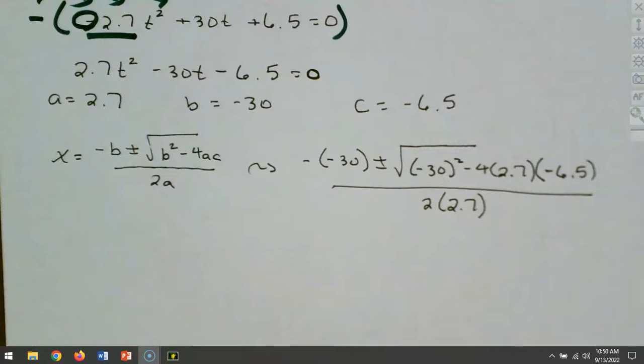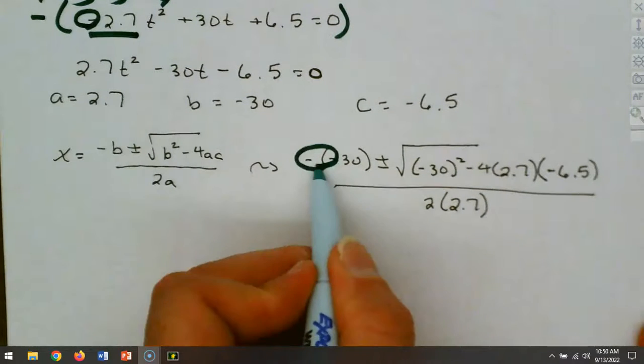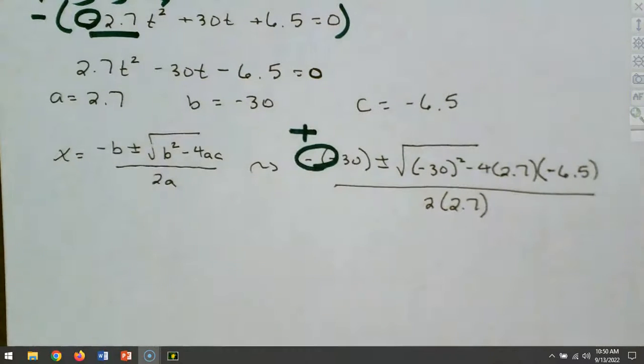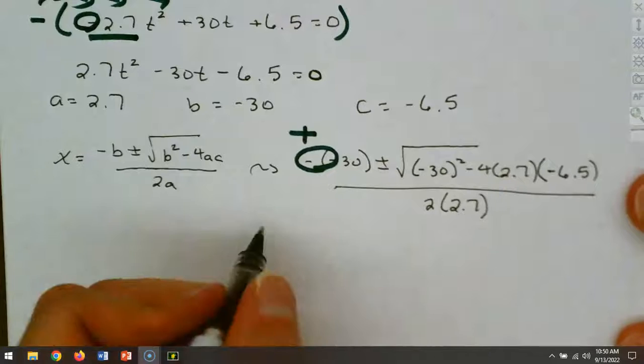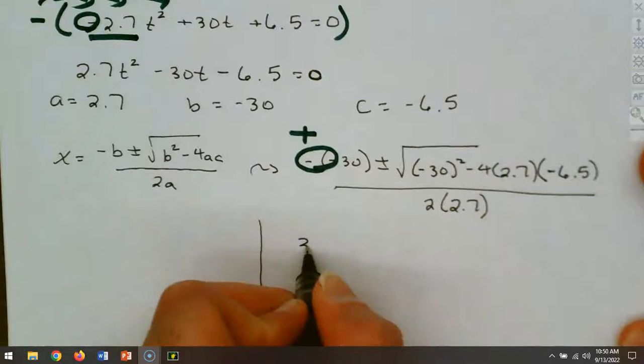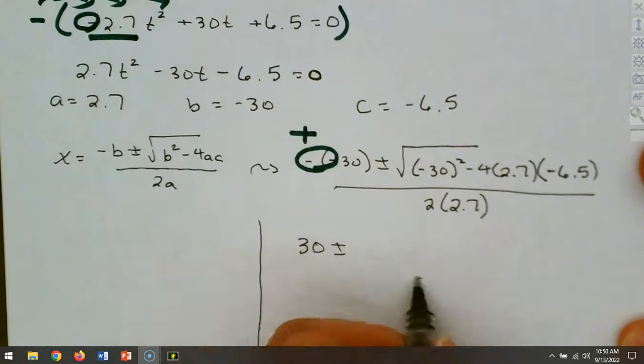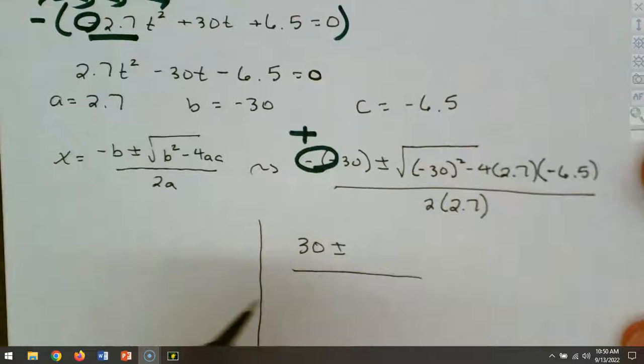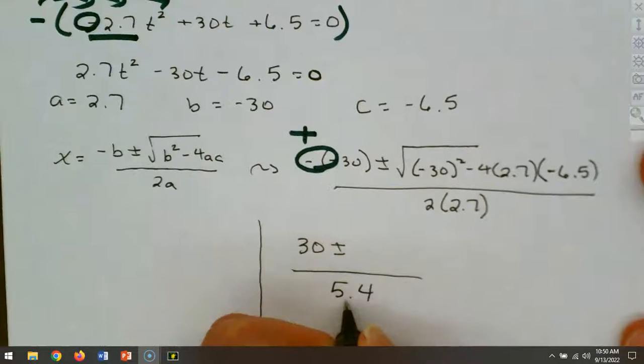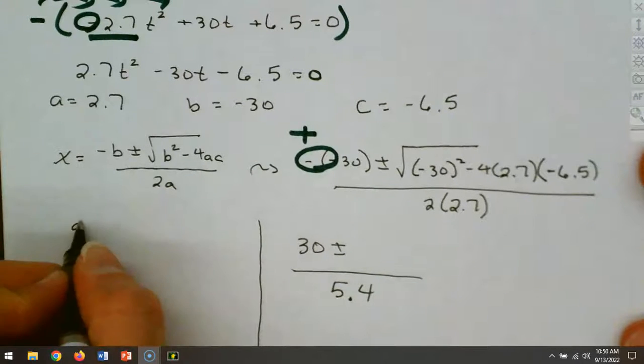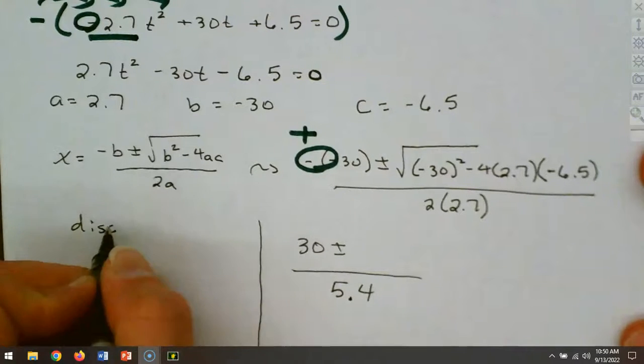Now, in this case, we're only going to get one solution. We're going to get 2, but we can't have a negative answer because we're looking at time. So let's quickly finish this one out. We should have just enough time to finish it here. Double negative makes that positive. So now when we do that, we have a 30 plus or minus 2 times that 2.7, that's a 5.4. We work our discriminant over to the side.